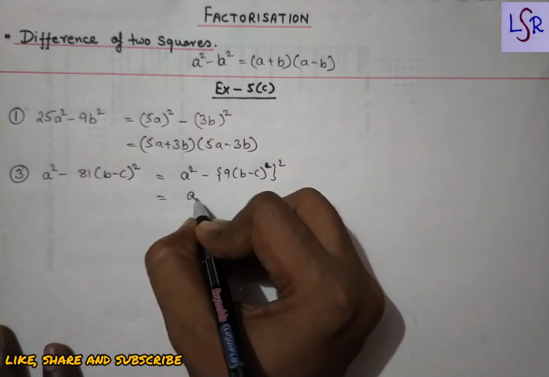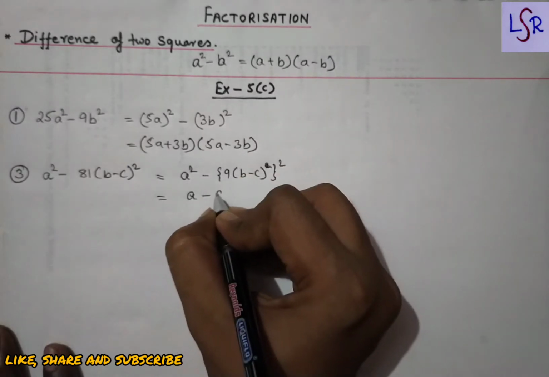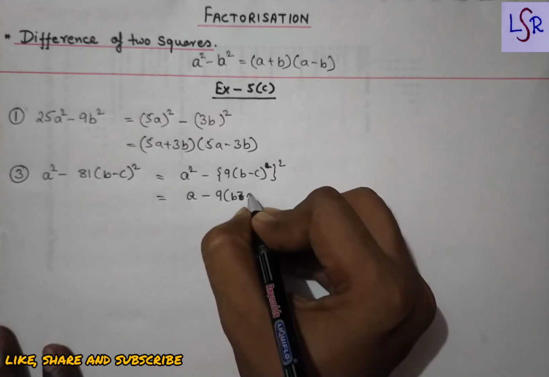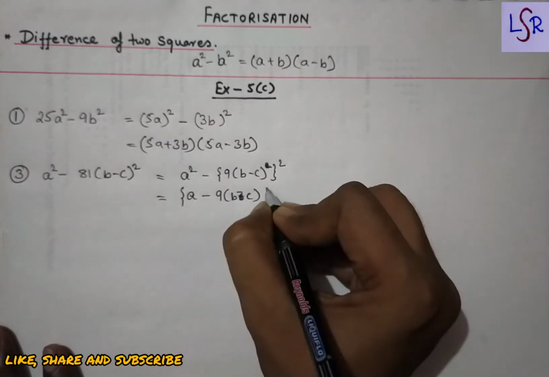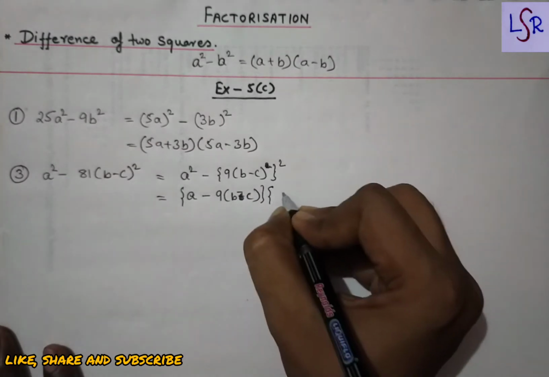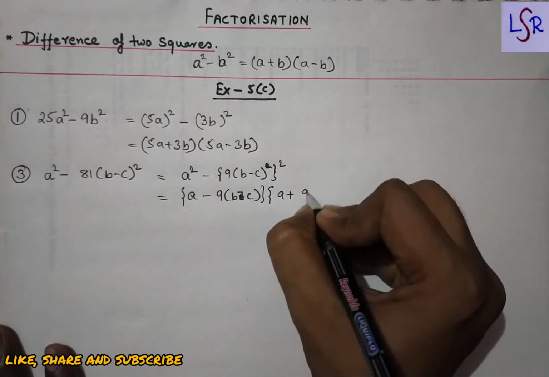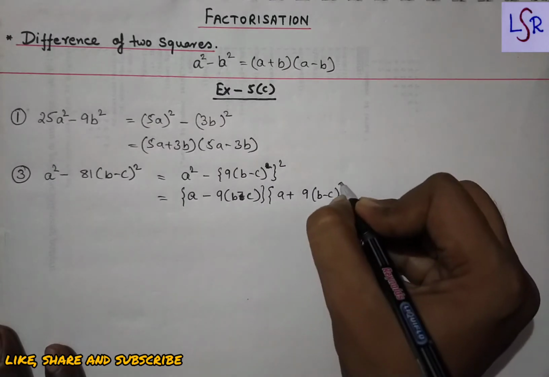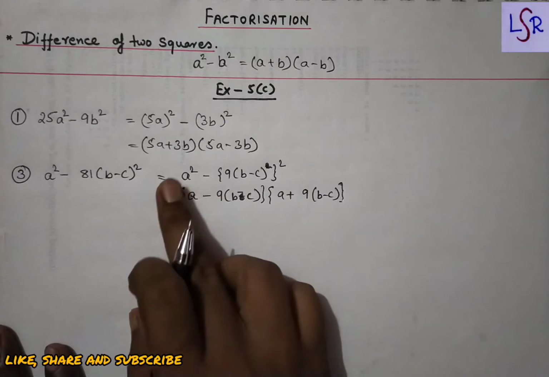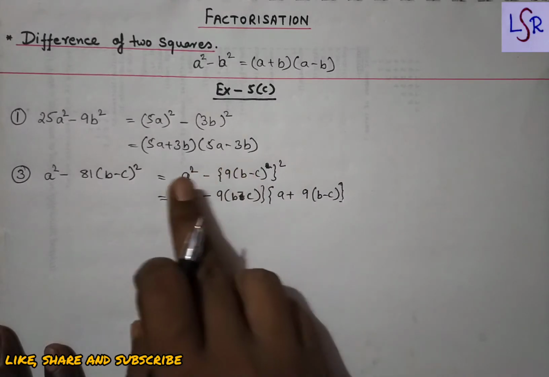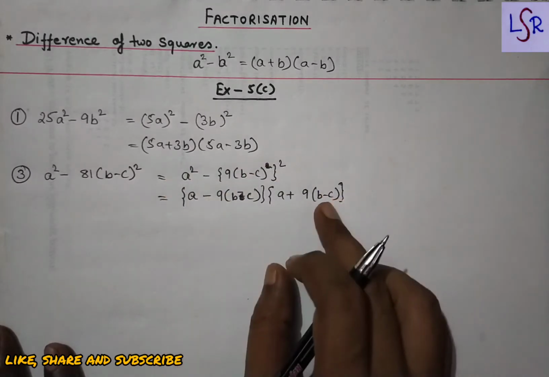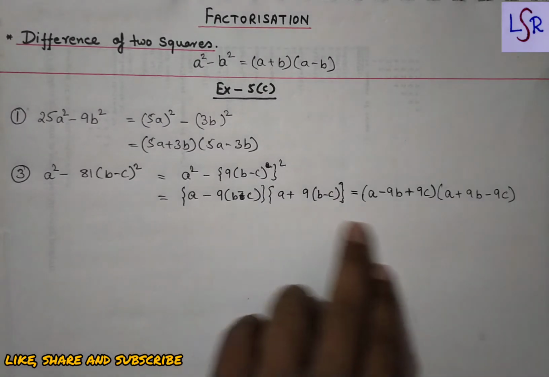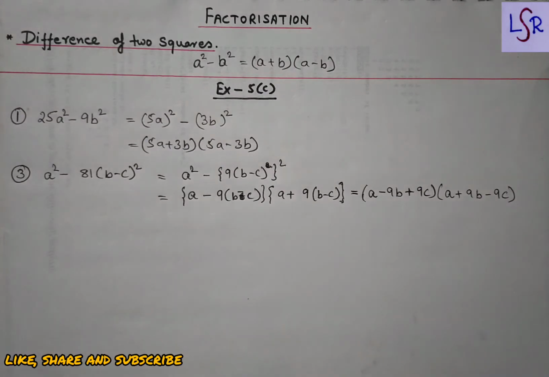So it will be a minus 9b plus b minus c and a plus 9b minus c. So here we have written a minus this and a plus this. Now we have to open the bracket also, and on opening the bracket we have got this.